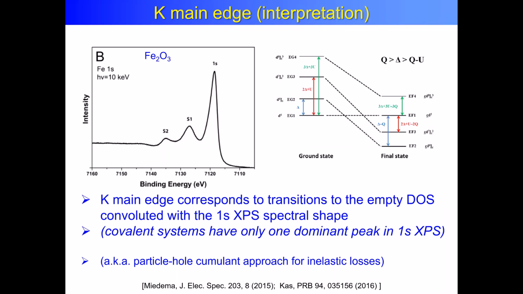You calculate or measure the 1s XPS spectral shape, and then you convolute both, and then you get your X-ray absorption spectrum. Actually, this is almost the same as the particle hole cumulant approach for inelastic losses from Joshua Kas in the FEFF code. That effectively takes into account the inelastic losses, which are the satellites on the high energy tail.